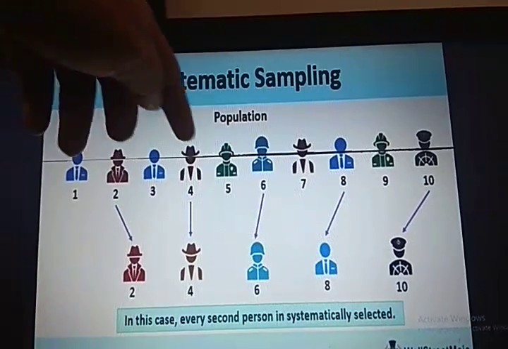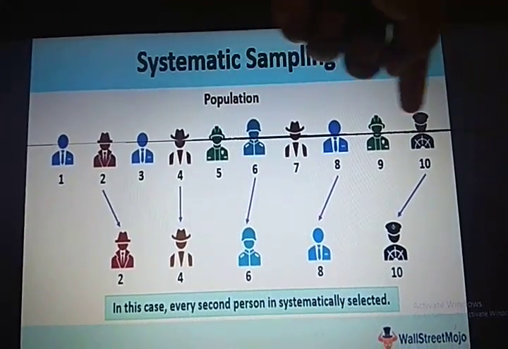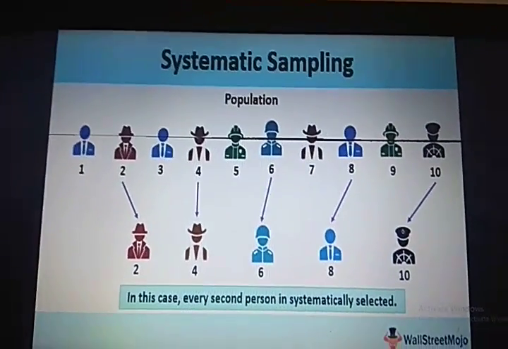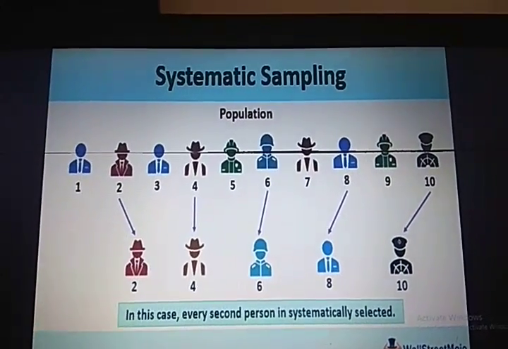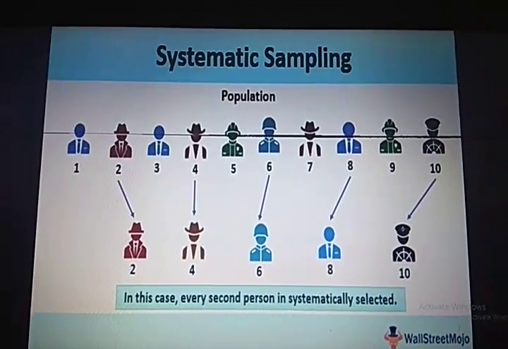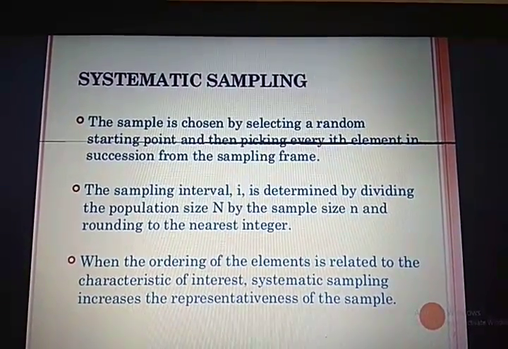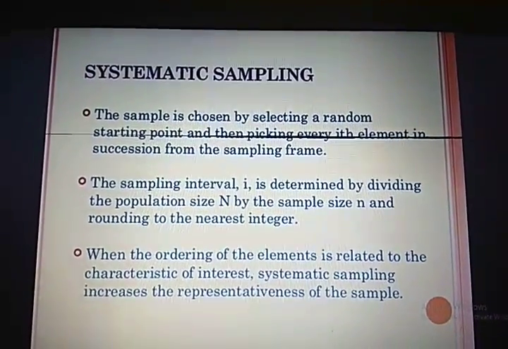So the second one, the fourth one, the sixth one, the eighth one, and the 10th person. In this case, every second person is systematically arranged and taken as a sample. So in this method, out of the complete list of available population, the sample is selected by taking every nth item.